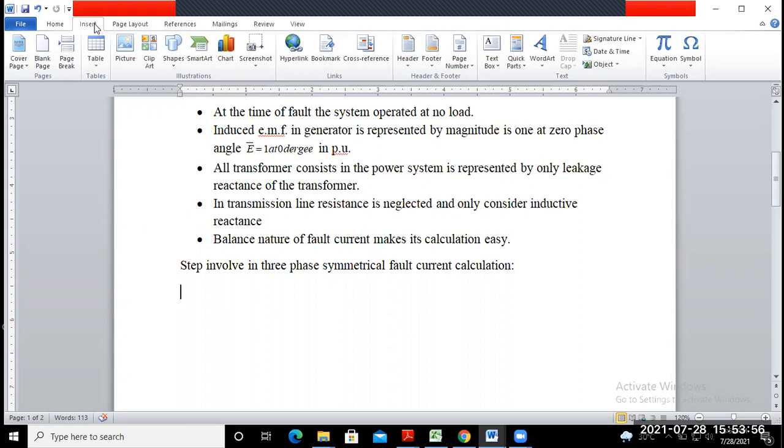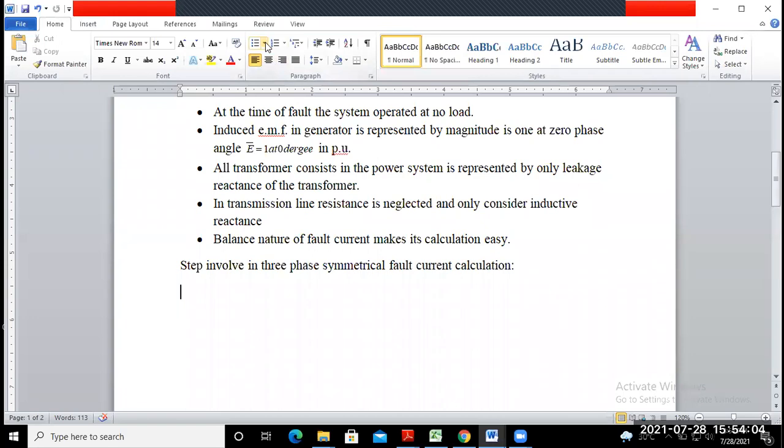First step is you draw the single line diagram of the given system.